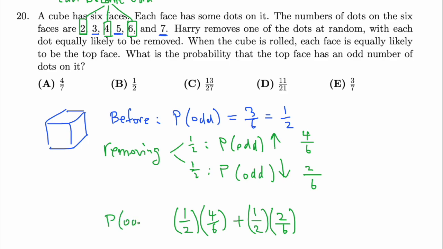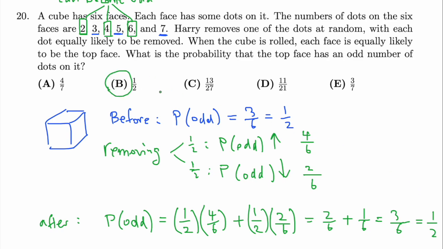P odd is equal to 1/2 times 4 over 6, which is 2 over 6, plus 1/2 times 2 over 6, which is 1 over 6, which is equal to 3 over 6, exactly as we expected. It's still 1/2. So B should be the answer.